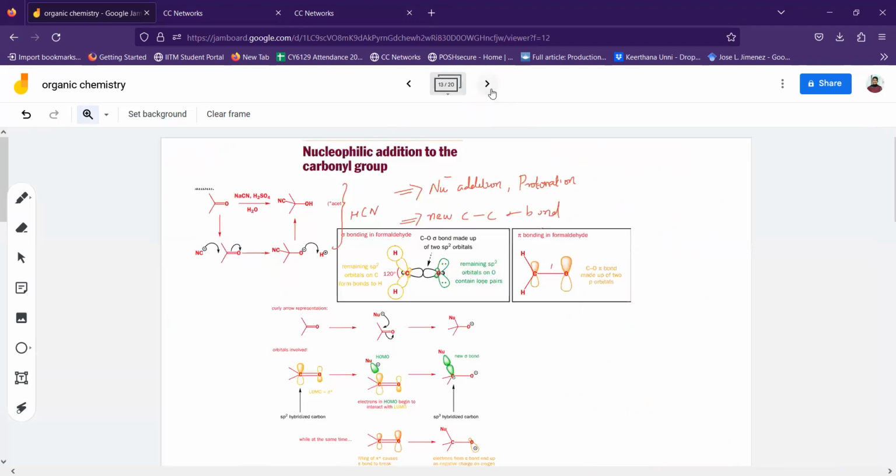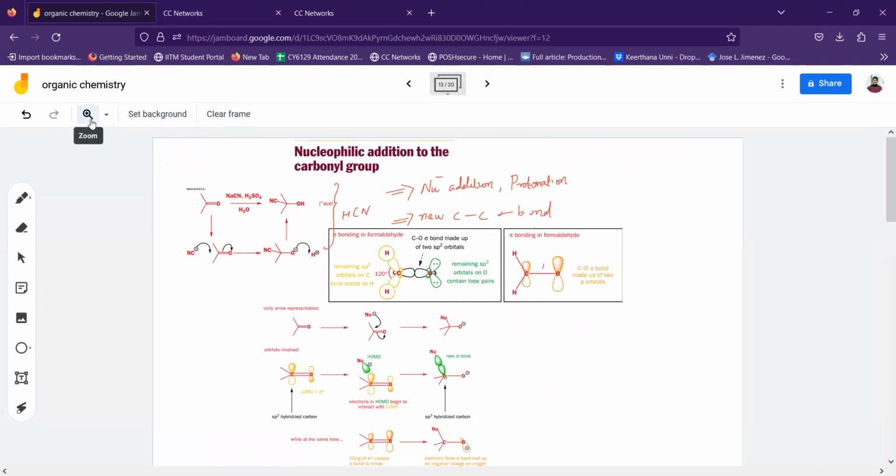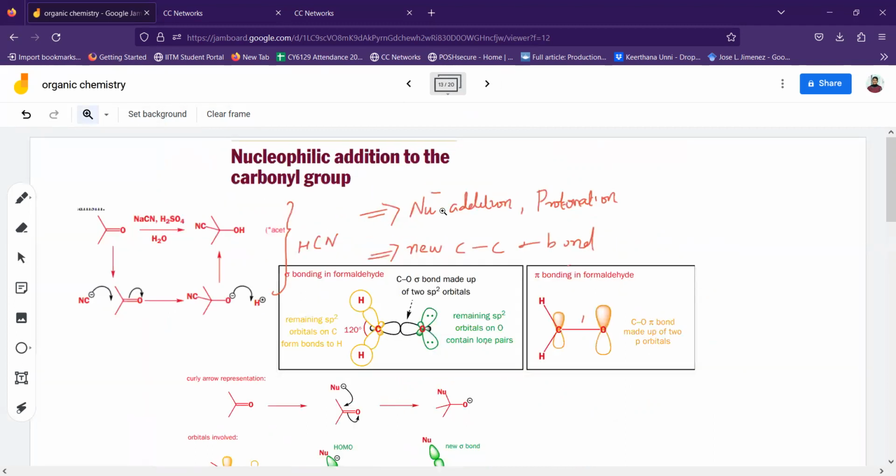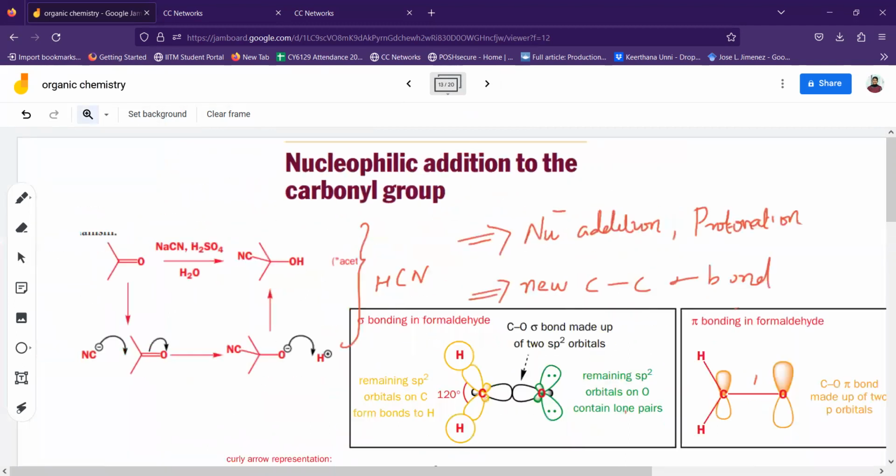Now we are coming to the first important thing in our class. What is that? Nucleophilic addition to the carbonyl. We already have an idea of who is the nucleophile. After explaining nucleophile, electrophile and all those things, if I give these reactions, it is very clear to tell that this is the electrophilic center here and this CN minus is the nucleophile.